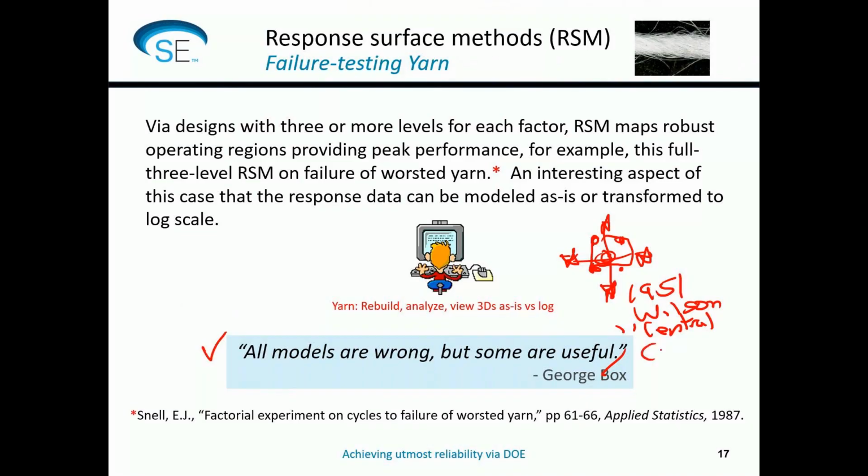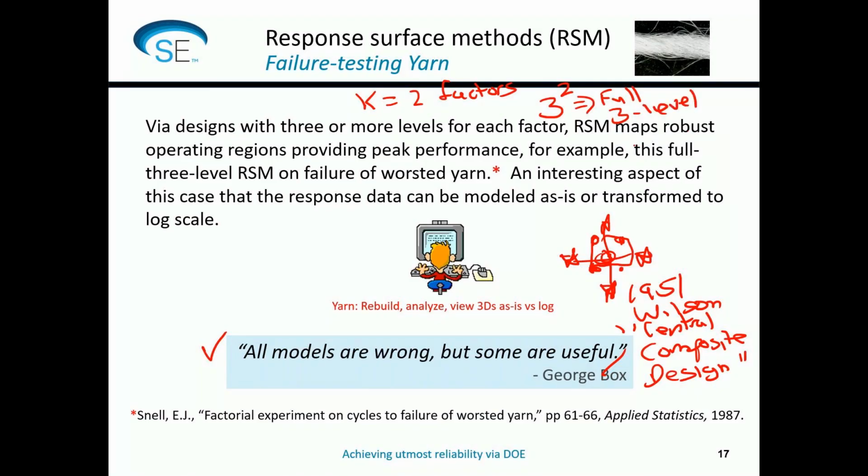So this would be something done after you do screening and characterization, and you still have some potential to improve the product or process. Then you're going to want to do this design, which is more complicated with multiple levels of each factor. Now, it turns out that if we have just a couple of factors, for k equals 2 factors, I actually think just doing a 3 to the 2 design, which is a full 3-level design, is not a bad design at all.